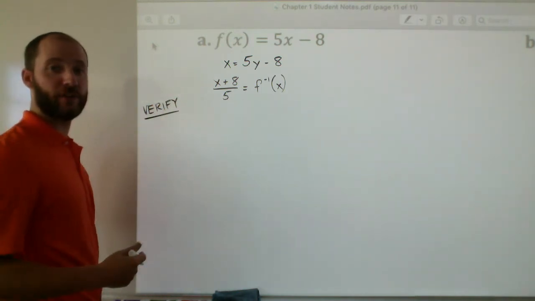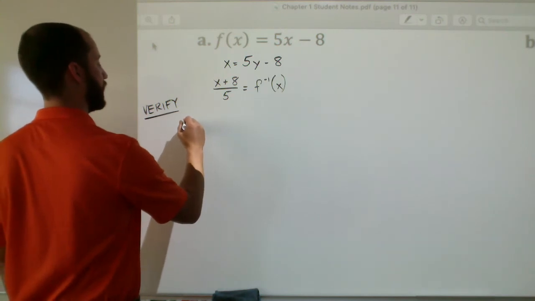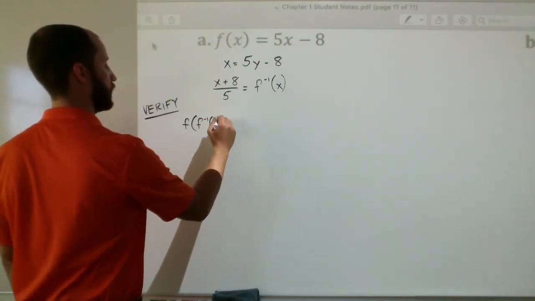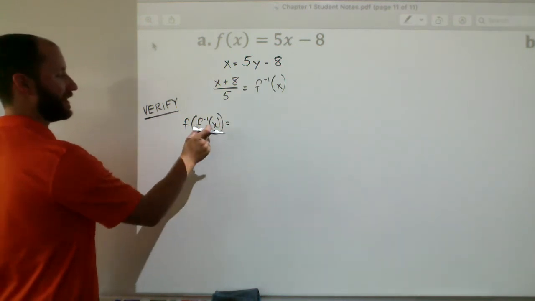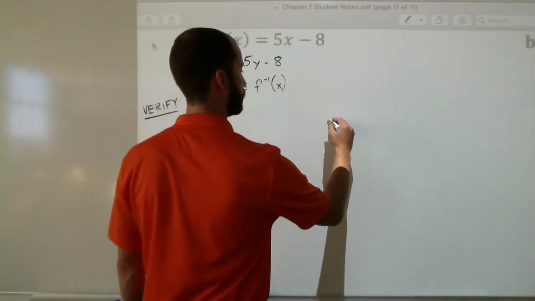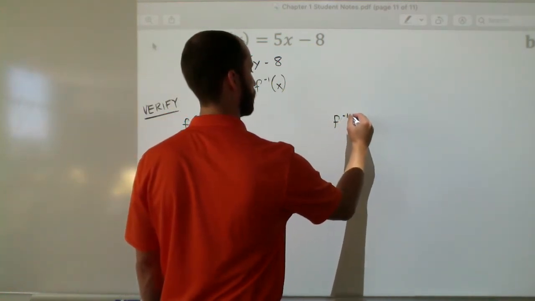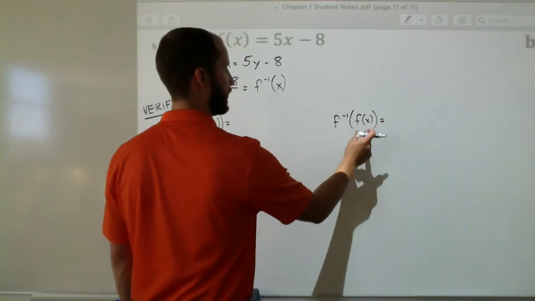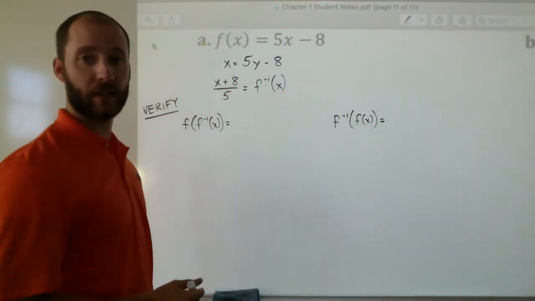So this is our verify step. We're going to create two composites. We're going to take the inverse and plug it into the original. We're going to take the original, and we're going to plug it into the inverse.